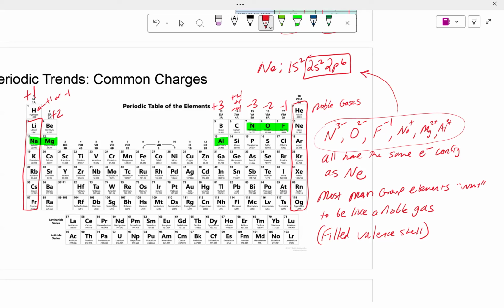They're not equal in identity. Remember, it's not the number of electrons that determines the identity. It's the number of protons. So N 3 minus, when nitrogen is an ion, it's still nitrogen. It just looks a little bit like the noble gas neon because it has the same electron configuration.